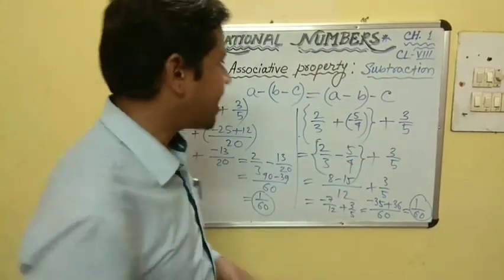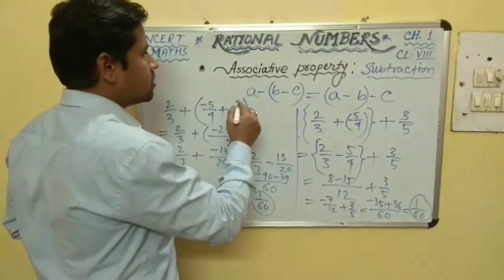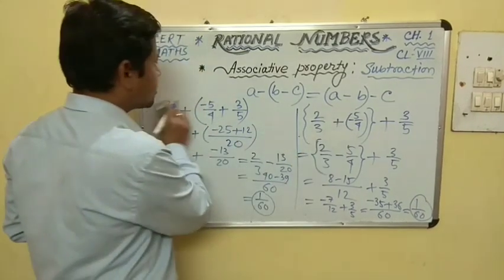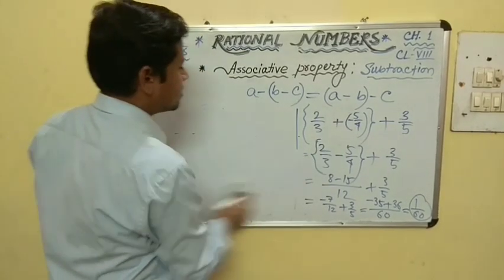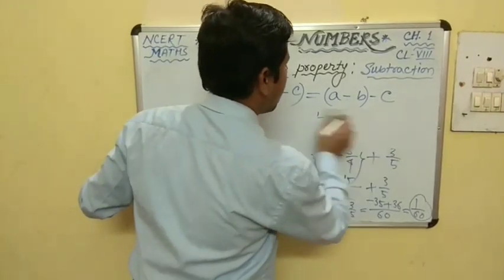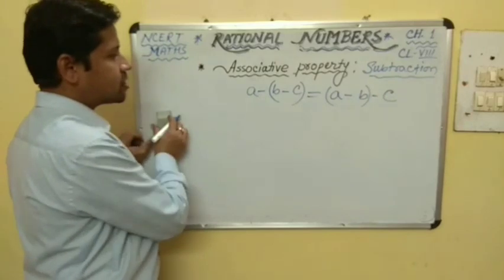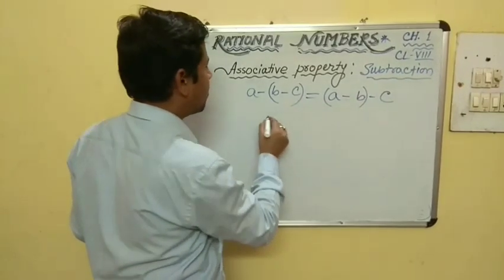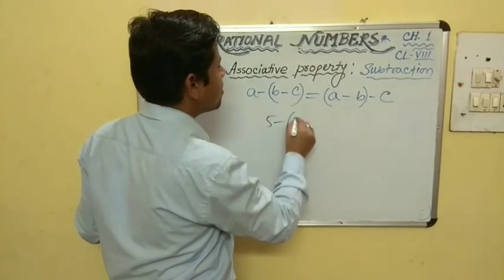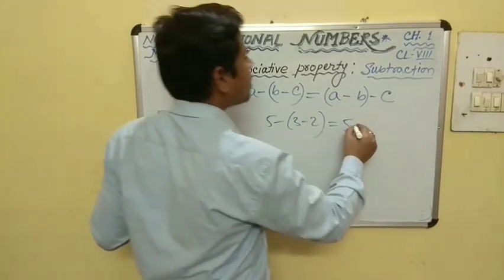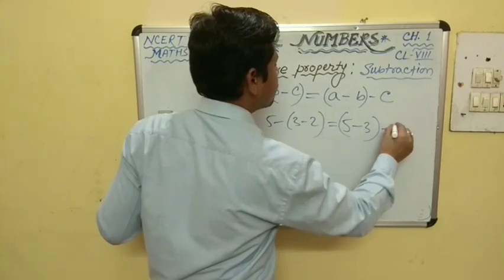Let's check by taking some examples. First of all, we are taking whole numbers or some integers that will be easy for you. Suppose 5 minus (3 minus 2) is equal to (5 minus 3) minus 2.